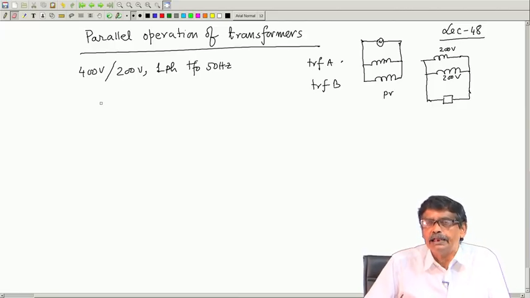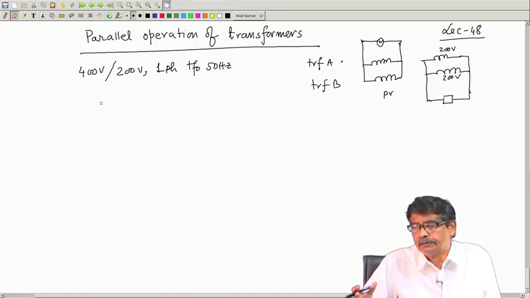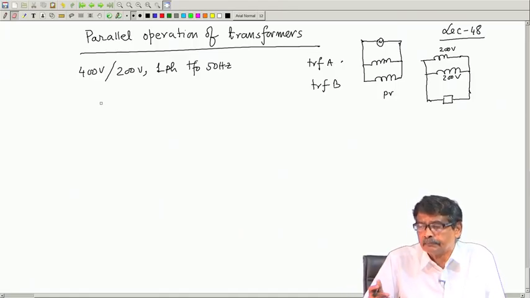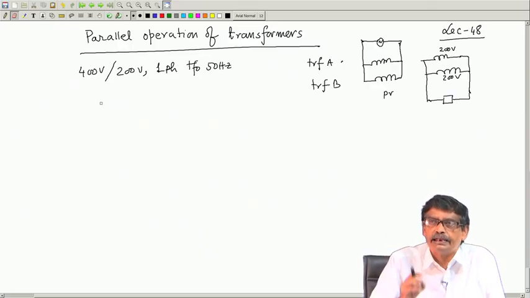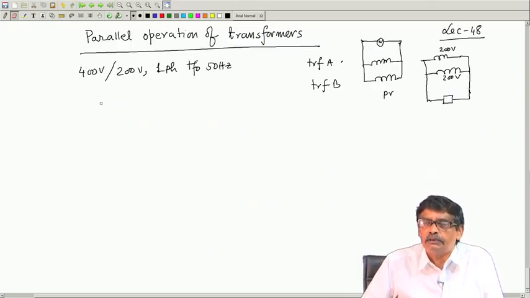Now, suppose a locality is to be supplied with 440 volt supply, where one supply line and neutral will go to every consumer, at 220 volt or 230 volt like that.